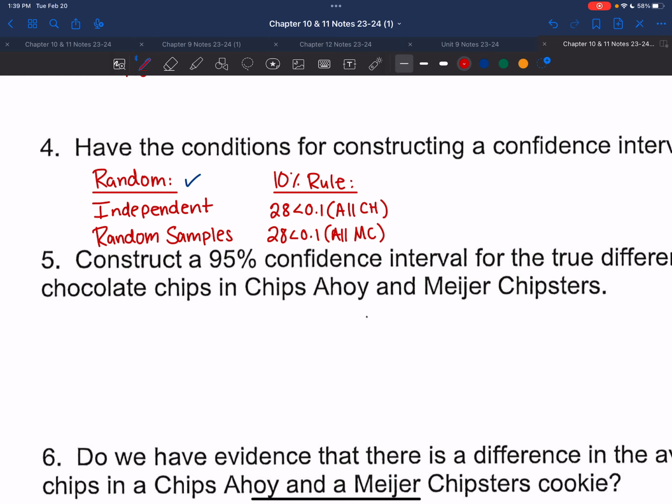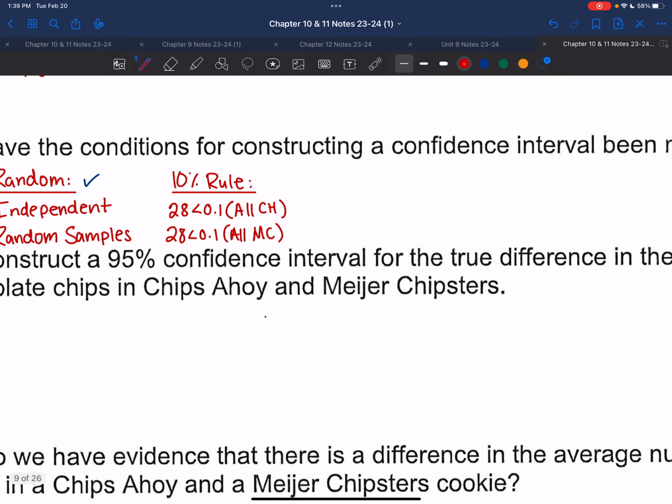These are big companies. They make a lot of cookies, right? So safe to assume 28 is less than 10% for both of those. And then the last one is normal. It told us the population distributions are approximately normal.